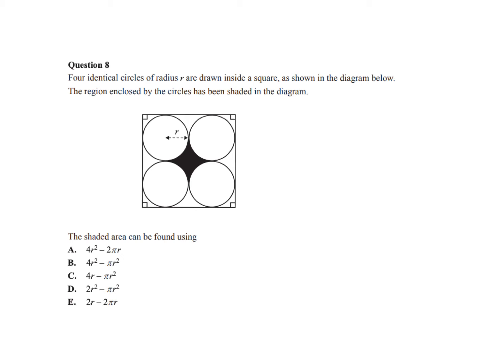The area of the shaded region can be found using... So what you've got to look at is when you have these circles inside another shape, because I think they had another exam question where it looked like this, yeah? It was a similar thing. There was something as well where they asked you for the area in between or something like that.